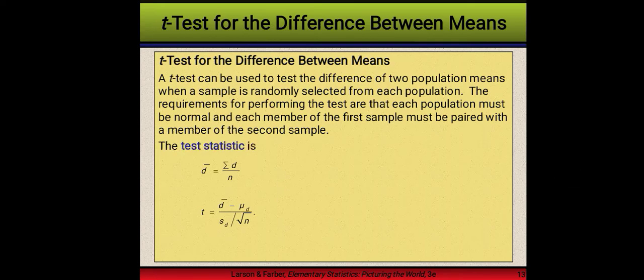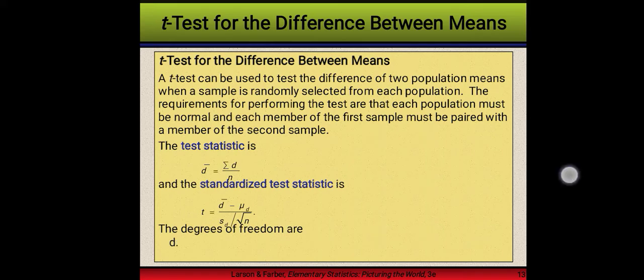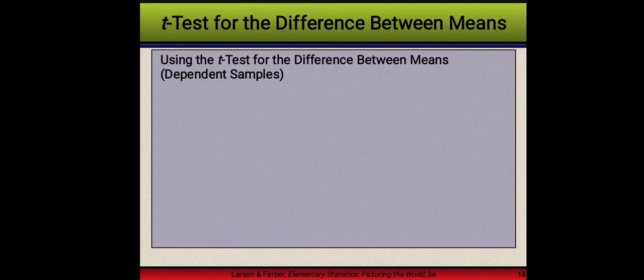The test statistic is d-bar, equal to the summation of D over n, and the standardized test statistic is t equal to d-bar minus mu sub d over s sub d over the square root of n. The degrees of freedom are d.f. equal to n minus 1.